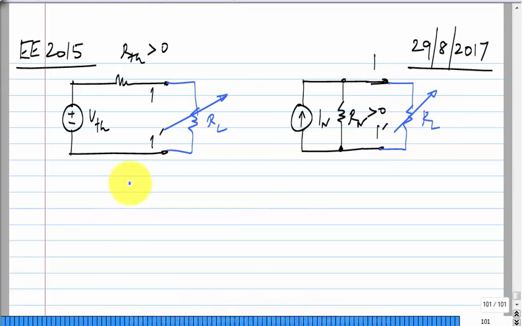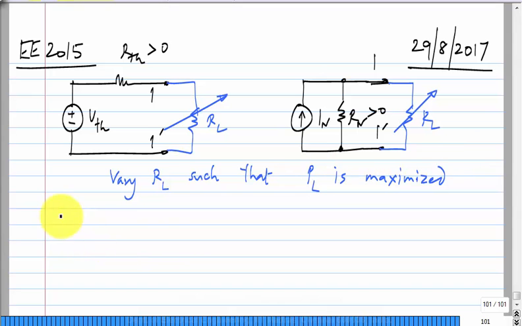and vary it such that PL, the power dissipated in RL, is maximized. RL itself represents some load that, let us say, makes sense of whatever signal is being received. And it is very easy to calculate.